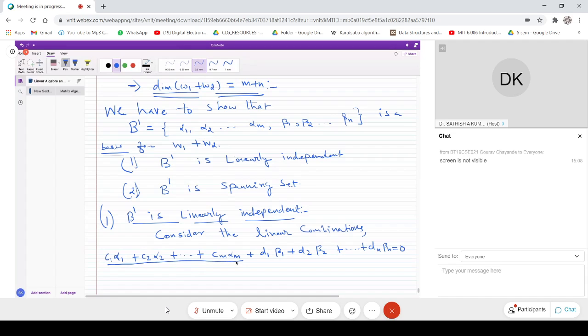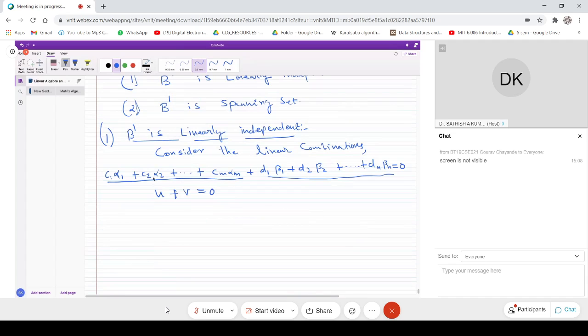One thing I know: alpha 1 to alpha m are vectors in W1, and beta 1 to beta n are vectors in W2, and their union is the vectors in B prime. We know alpha 1, alpha 2, etc., alpha m is a basis for W1, and beta 1, beta 2, etc., beta n is a basis for W2. So I can write this combination as u plus v equal to 0, where I'm just writing this part as u and this other part as v.